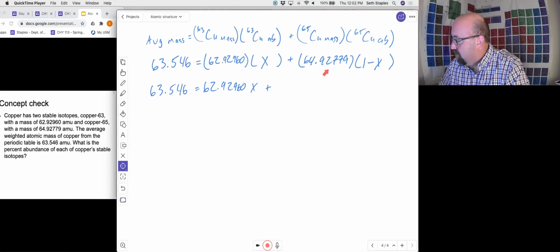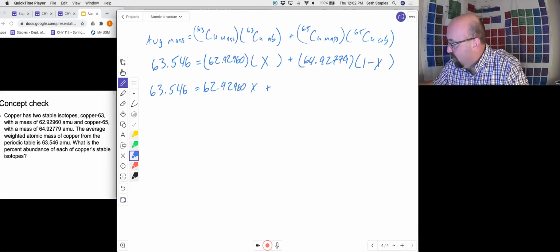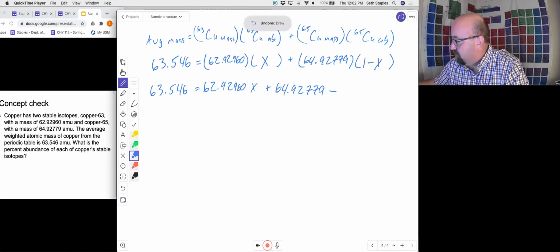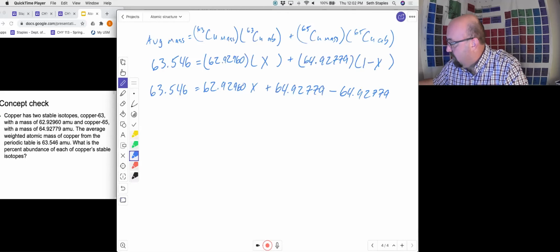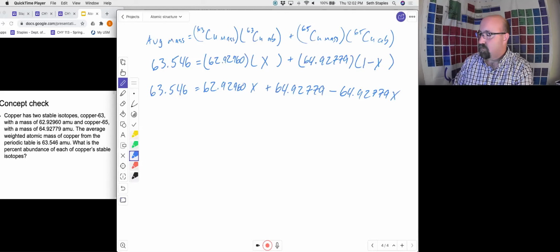We're going to multiply our mass here by 1 minus X. And so if we pull that through, we get 64.92779 minus, so that's just our number here times 1. And then so minus 64.92779X. So we're just distributing our X's and our 1 minus X through the equation here.